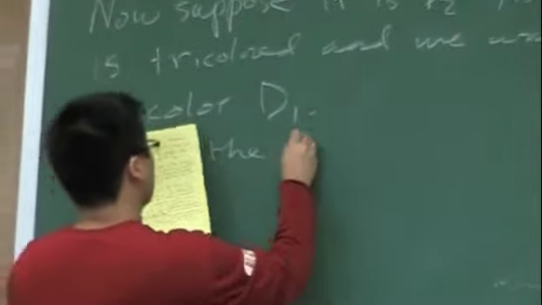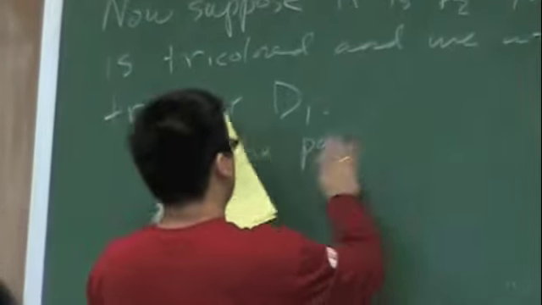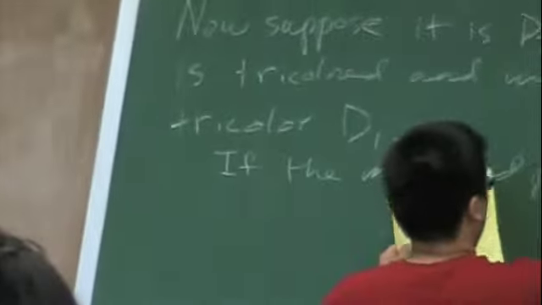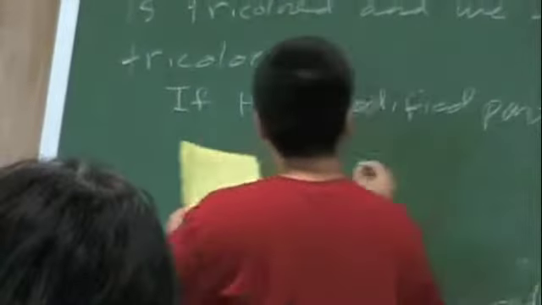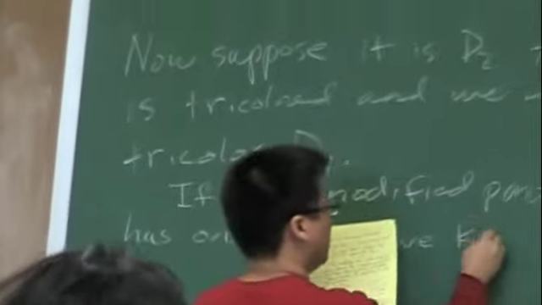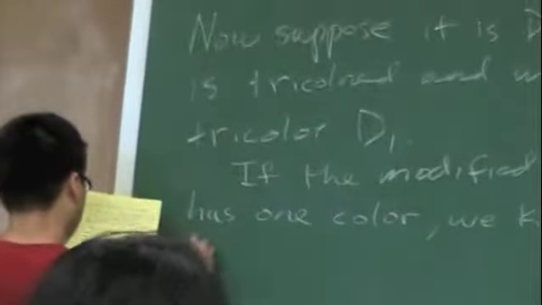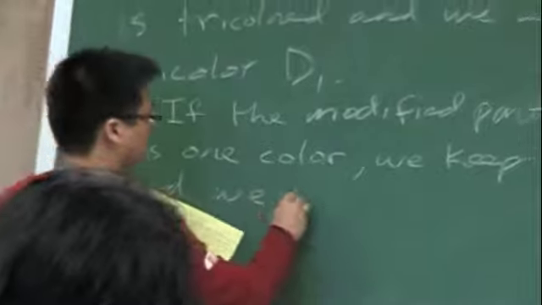So let me just write this down. If the modified part of D2 has one color, we keep that color, and we have a tricoloring.